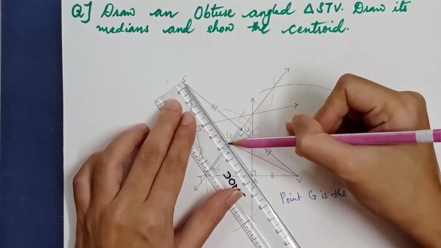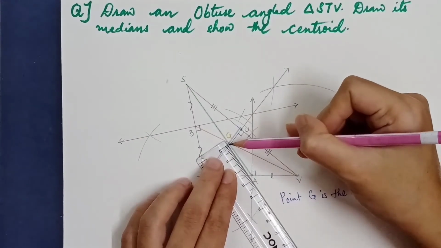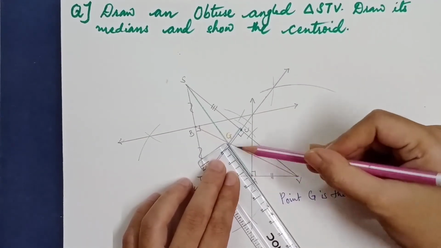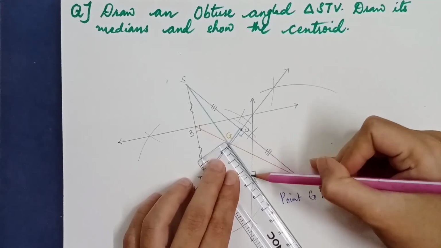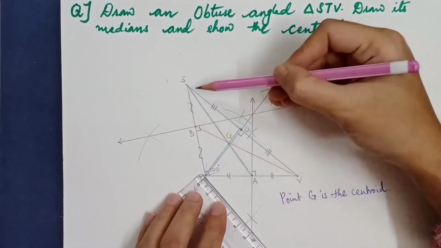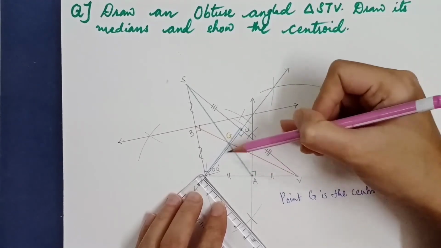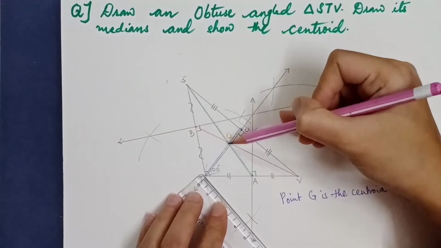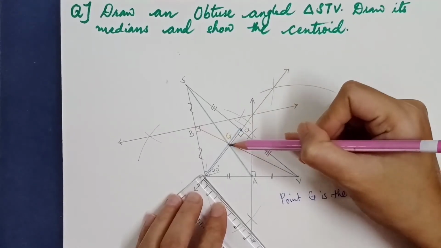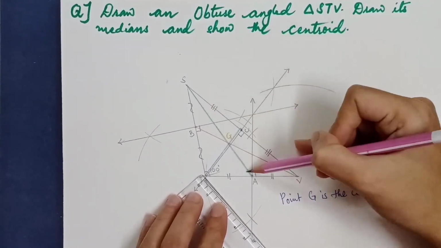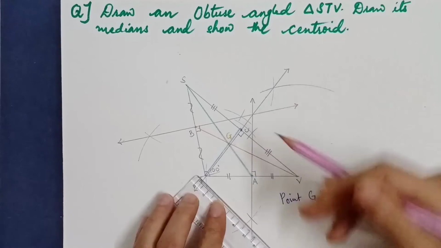If this is 5 centimeter, and we calculate G to A, it is coming out as 2.5 centimeter. So we can say SG is double of GA, or we can say GA is half of SG. That means this particular centroid is dividing our median in the ratio 2:1.